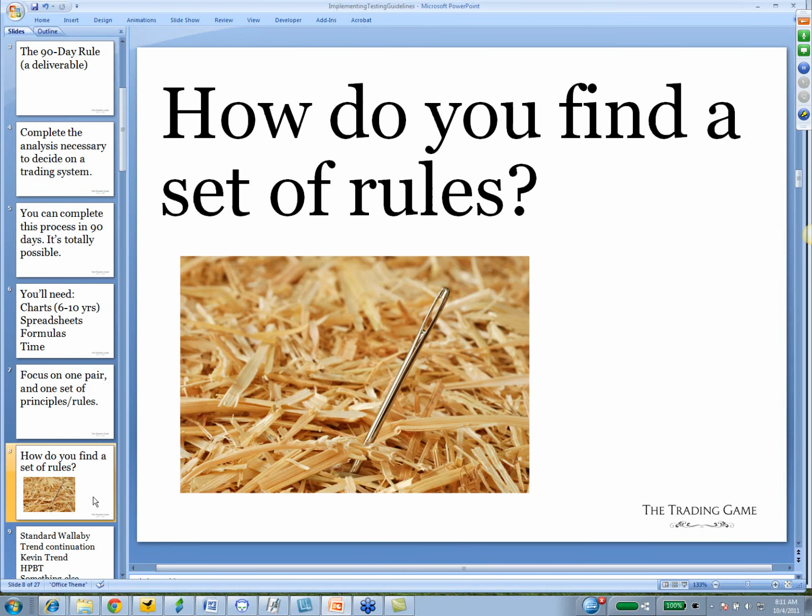Well, as everybody might ask, how do you find a set of rules to test? It's the old needle in the haystack. It's very difficult to find a needle if it is hiding inside of a stack of hay. And some of you have felt in the past that finding a trading system to focus on is like looking for a needle in a haystack. It's very difficult, and the search is endless.